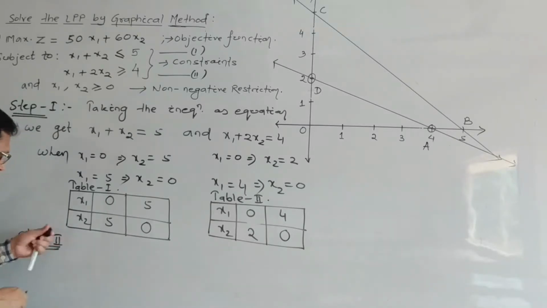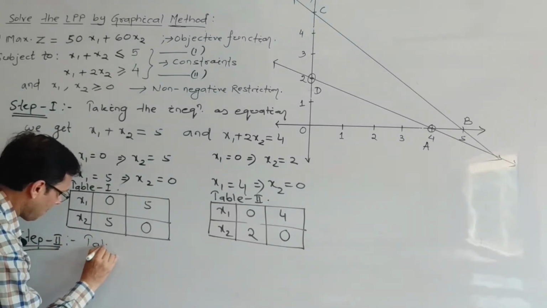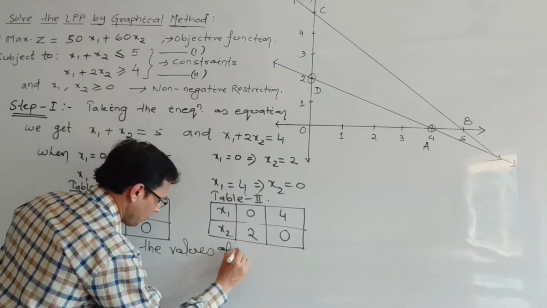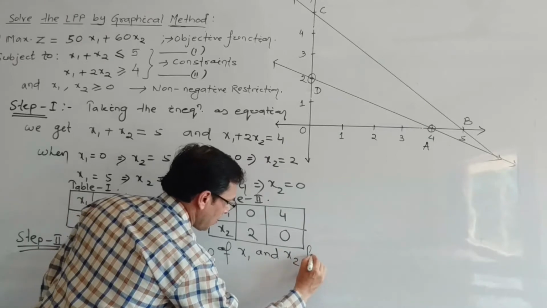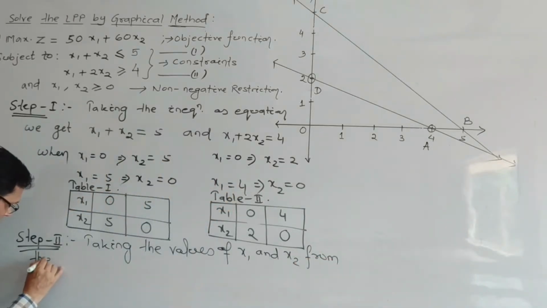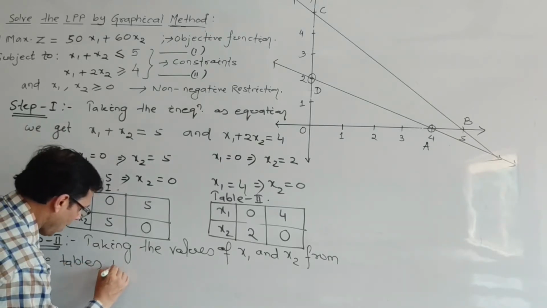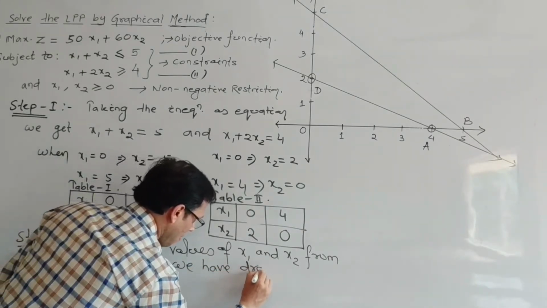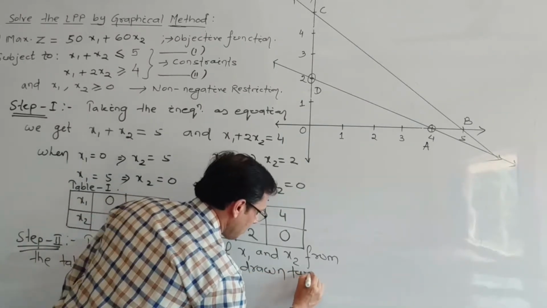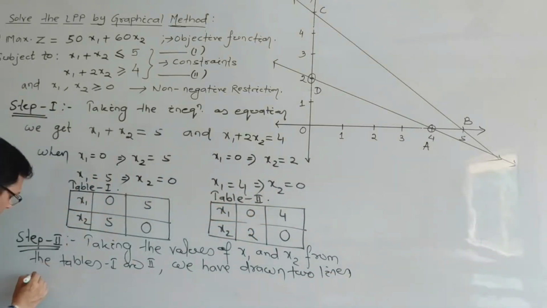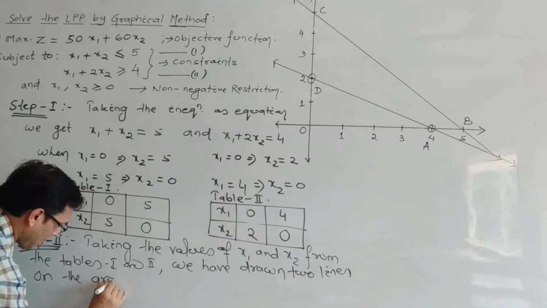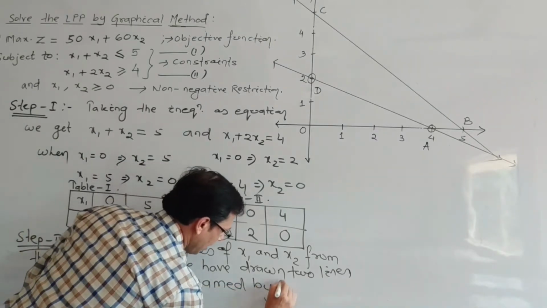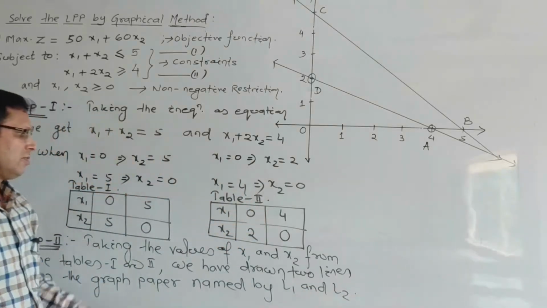In the second step, taking the values of x1 and x2 from tables 1 and 2, we have drawn two lines on the graph paper named L1 and L2.